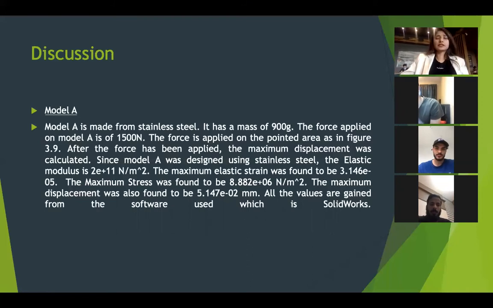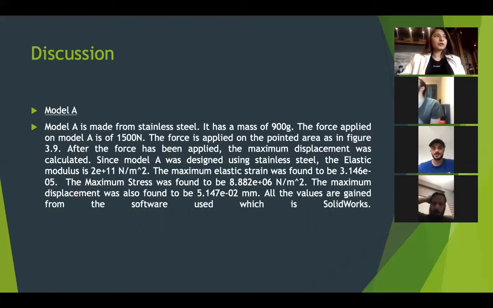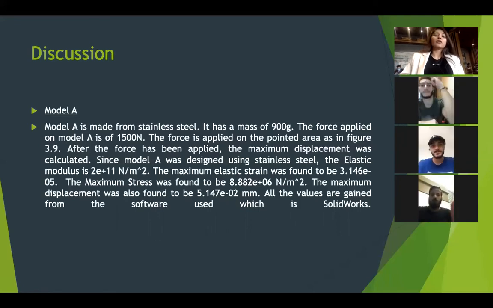As we stated in our problem, we had to create three types of design which are totally different from each other, and put the load on them and see how they react, for example, which one has the minimum displacement, or which one breaks. After that, we know which one is the better option for us.